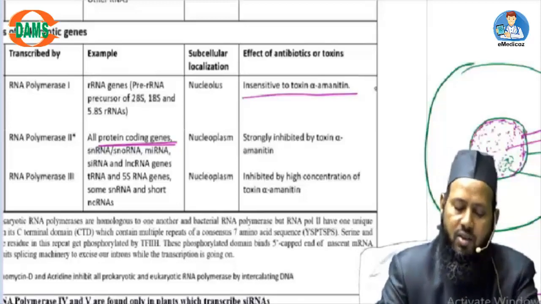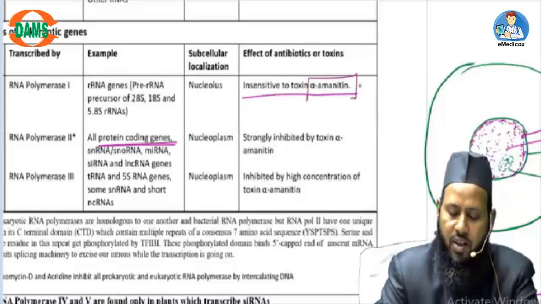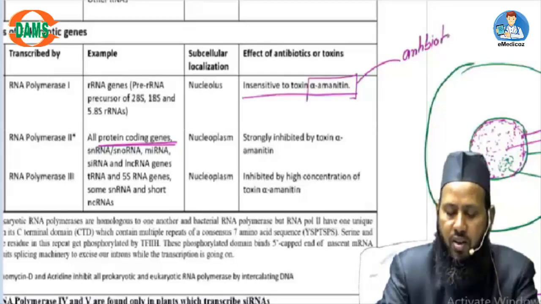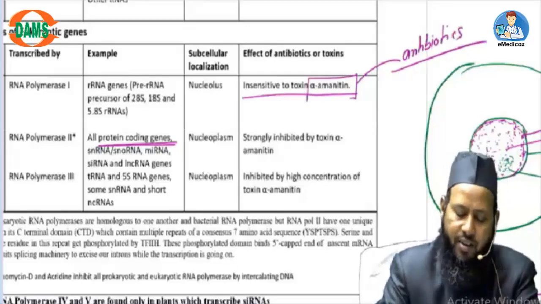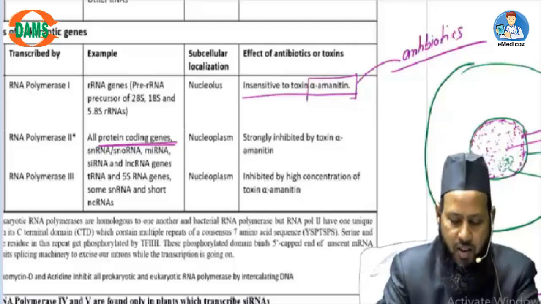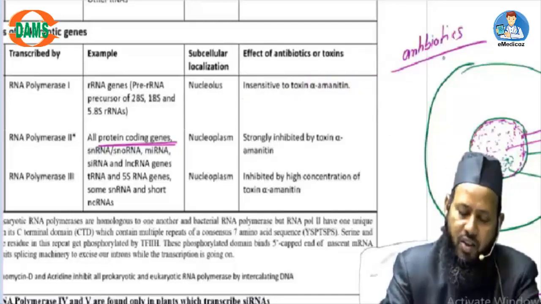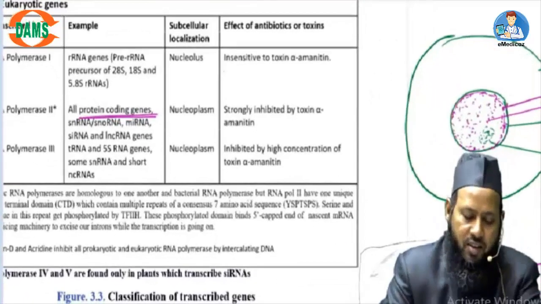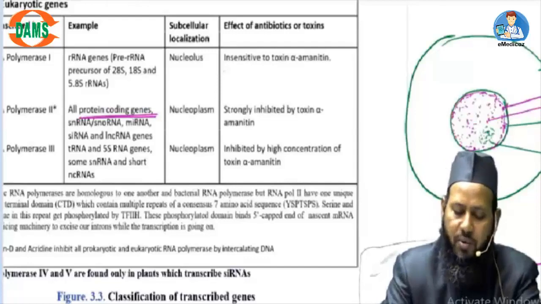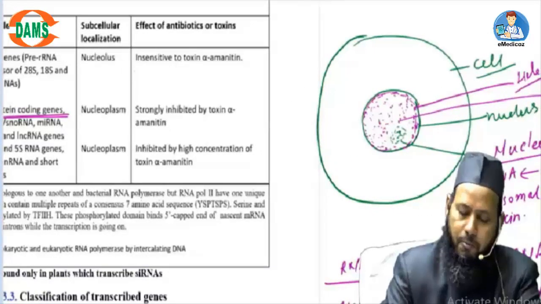Alpha amanitin is a toxin as well as an antibiotic, and by being an antibiotic it acts as a toxin for bacteria. It inhibits RNA polymerase, and these three RNA polymerases have different sensitivity.